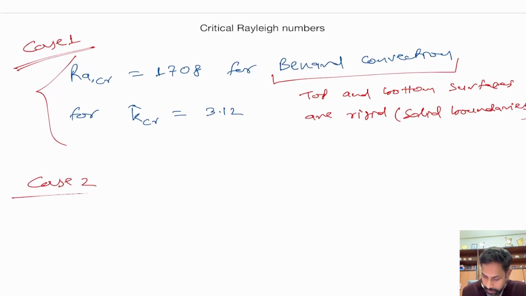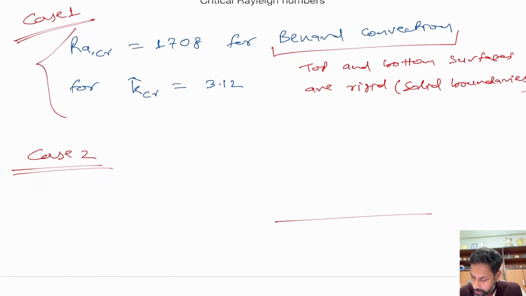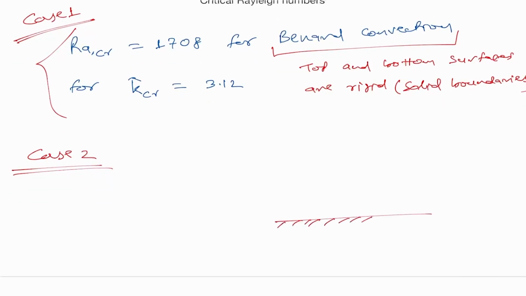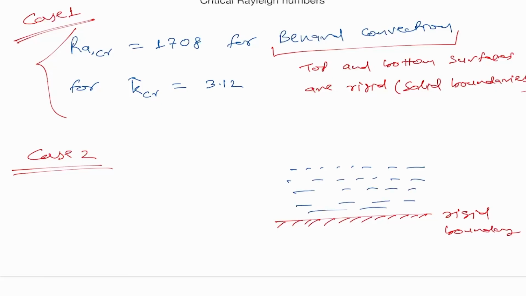We can now think about another case when we have only the bottom part as a rigid boundary. Okay, and we have fluid and the upper surface is open.